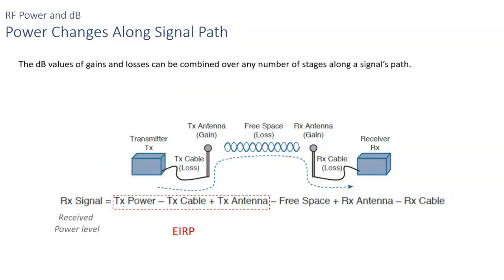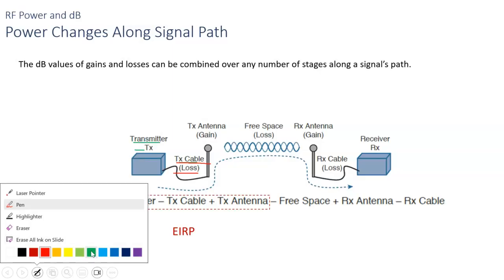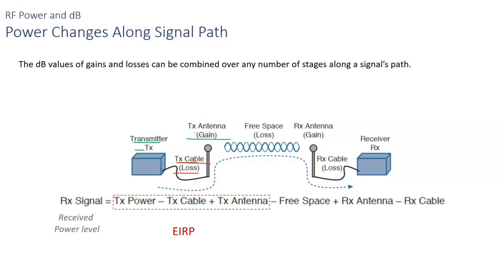The received signal equals transmitter power, this one, minus transmission cable loss, this I will put it in red, plus the transmitter antenna gain.